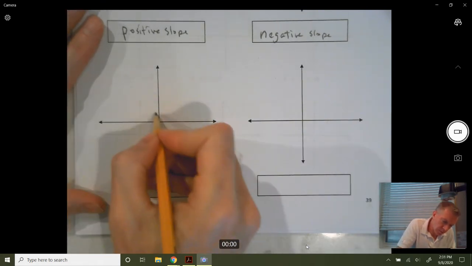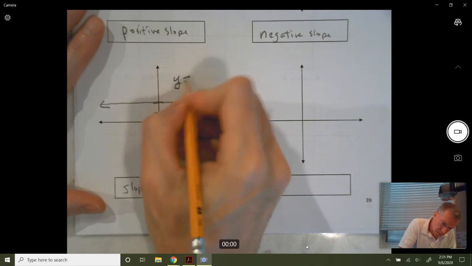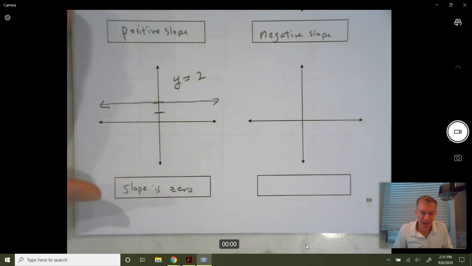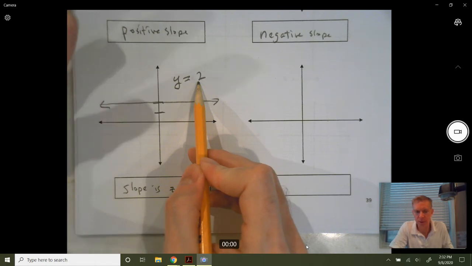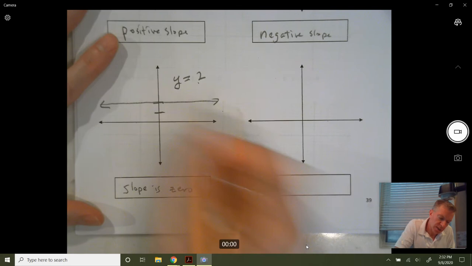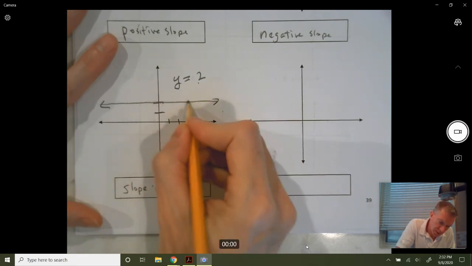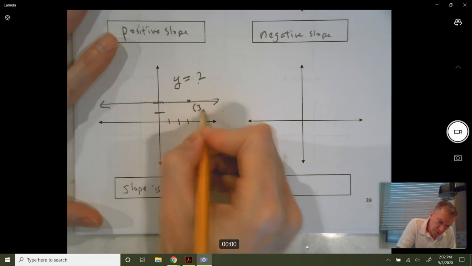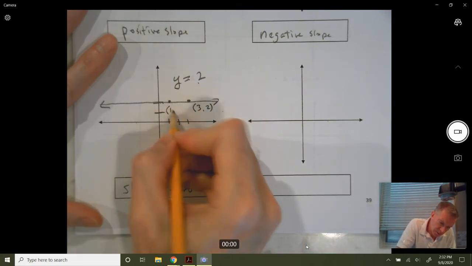Let's say we're at y equals 2. Anytime your y is equal to a constant, y equals k, or any one constant, you're going to have a horizontal line. If you take 2 points on here, let's say this point, 3, 2, and this point here, 1, 2.